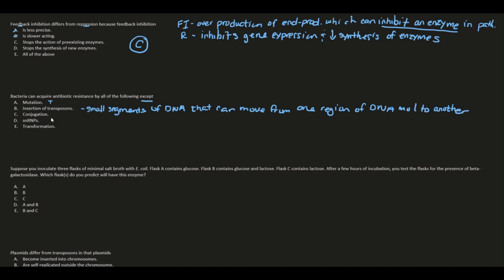We have conjugation. Well, since a transposon is a small segment of DNA that can move from one region of a DNA molecule to another, that's a way that bacteria can acquire antibiotic resistance. So that is true. Conjugation, which we defined up above.